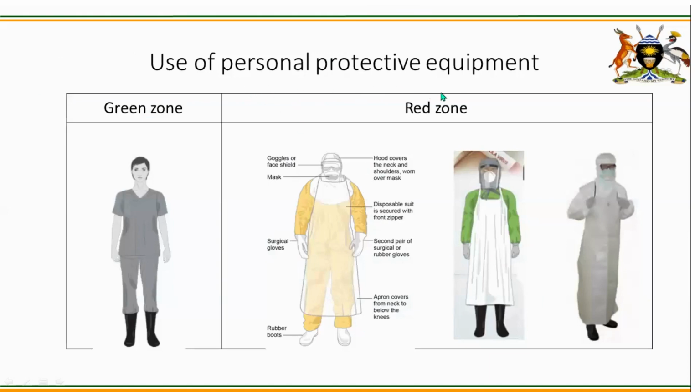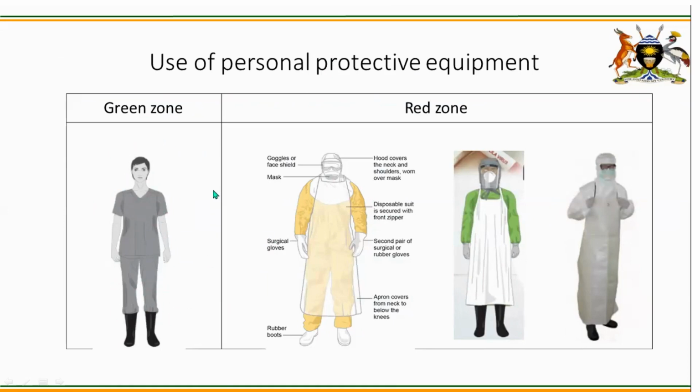So the use of PPE in the green zone, because now you are going to zone your isolation unit or holding unit. Outside the unit, in the green zone, you will be able to use just the scrubs and the gumboots.